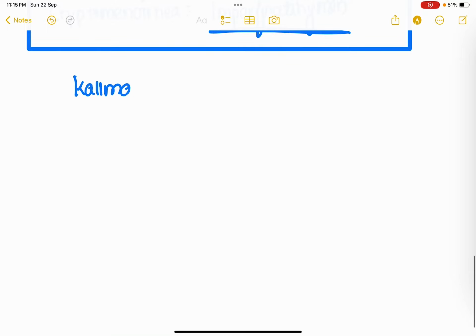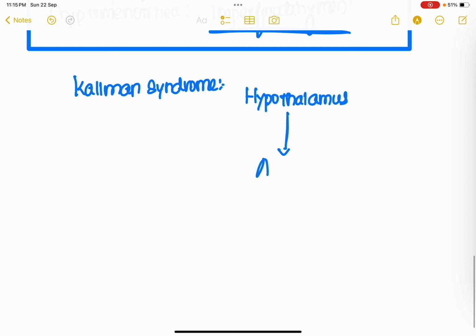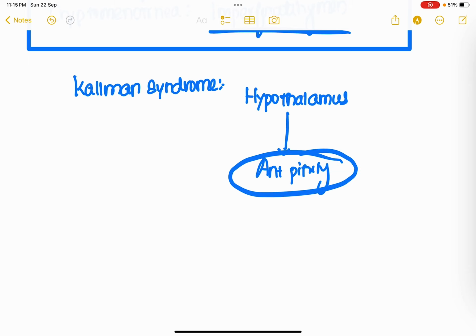So what was the ideal problem in Kallman syndrome? The problem was with the hypothalamus. Now you tell me, what is the thing that is going to act upon the anterior pituitary from the hypothalamus? What is that one stimulus which is needed for the anterior pituitary from the hypothalamus?